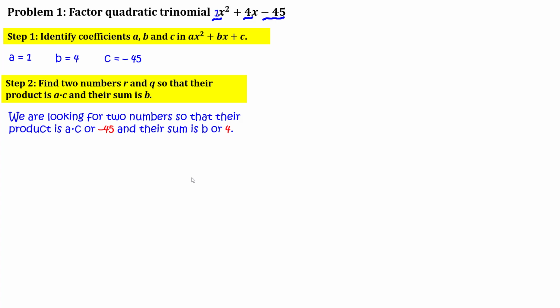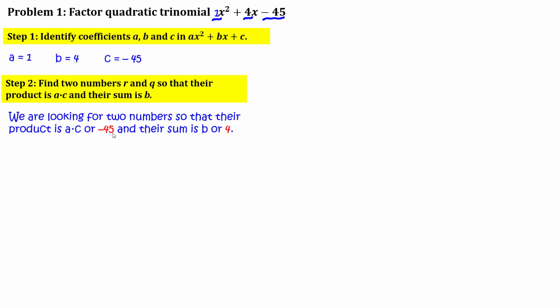Okay, so I'm going to pause here. Can you think of two numbers that when you multiply them, you get negative 45, and when you add them, you get 4? Well, when you multiply two numbers and you get a negative number, it means one of the numbers is positive and one of the numbers is negative. So if you think of 9 and 5, right?